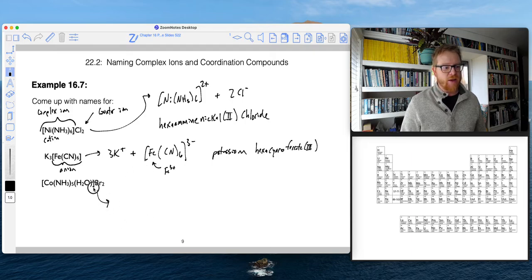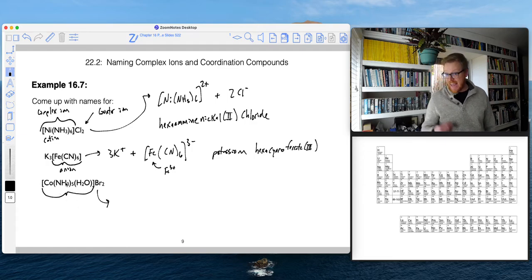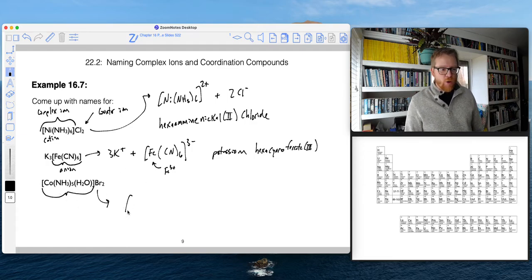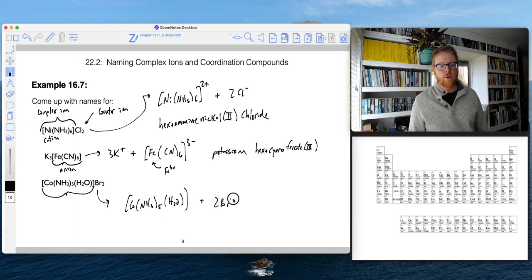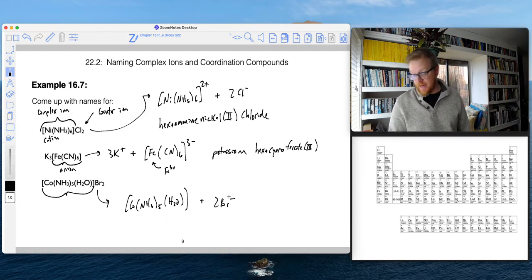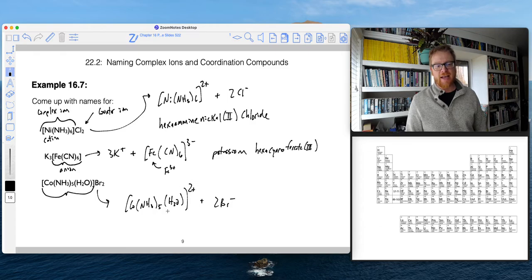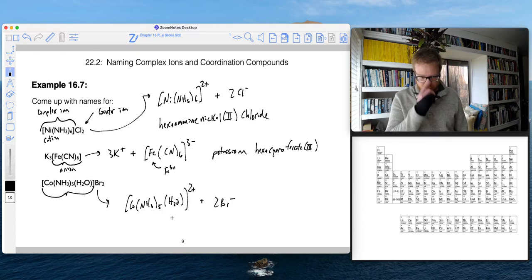So once again, we see the complex ion is in brackets, and it's listed as the cation. So we know that one is going to have a positive charge. So it's got a cobalt with 5 ammonias and 1 water. And we can see it's paired up with 2 bromides, each being negatively charged. So that means this has to be plus 2.